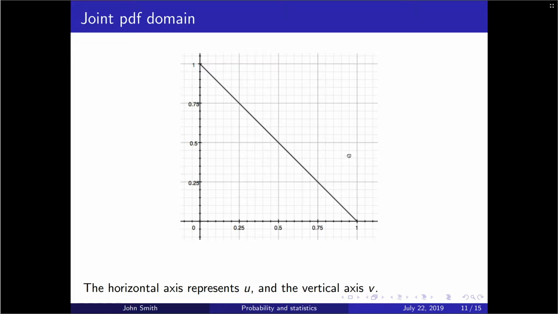In other words, values outside the triangle are not possible. We needed to calculate the marginal probability for the variable u, which is on the horizontal axis. To do that, we needed to integrate over all possible values of v for that argument of u. So if we fix u here, then we need to integrate from 0 to this point, which is defined by v equals 1 minus u.